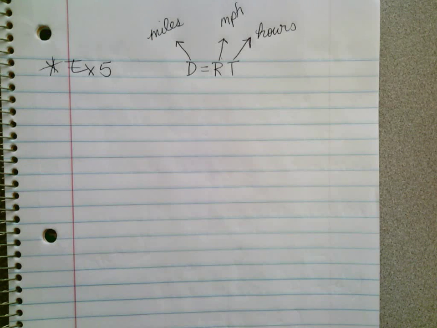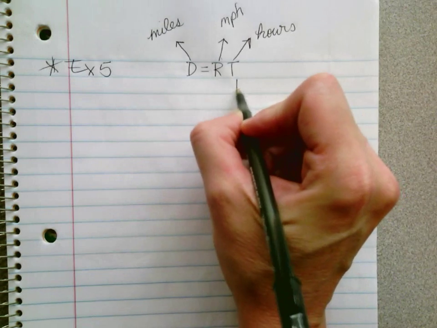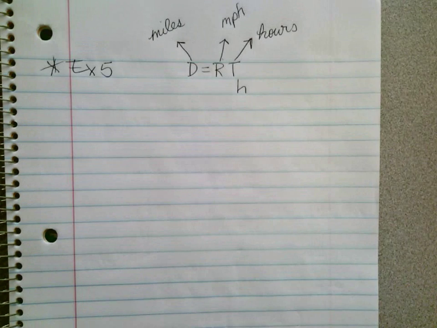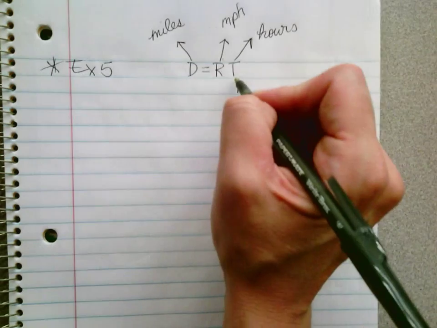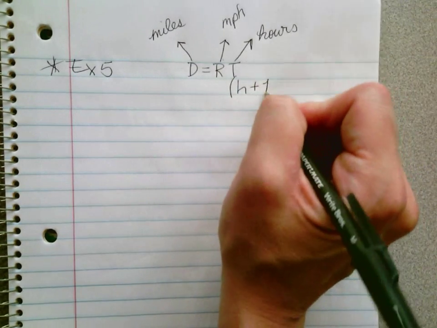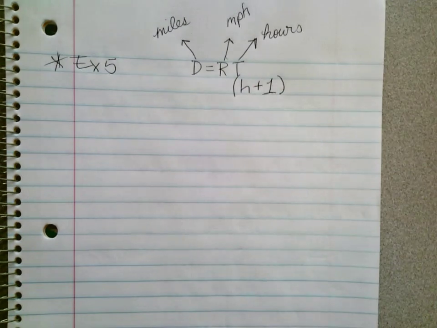So your time is a certain amount of time, which I have no idea what it is, but I do know I traveled an hour more than whatever it was that I started with. The word problem might read, in later lessons, you traveled for a little while, and then your partner took over for another hour. So this is just the vehicle moving.